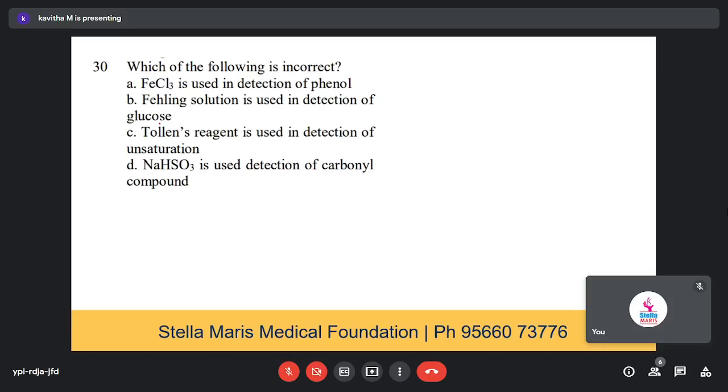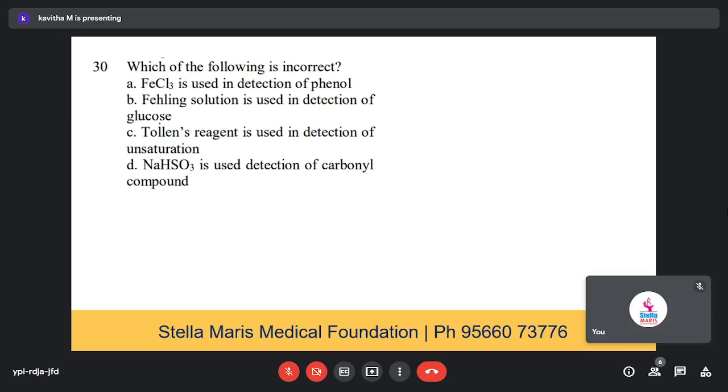And the second one, Fehling solution is used in the detection of glucose. That is also right, because glucose is a reducing sugar. What is the Fehling solution? You have Fehling A and Fehling B solution. Please note it down. Fehling A solution is sodium potassium tartrate, and Fehling B solution is dilute copper sulfate.